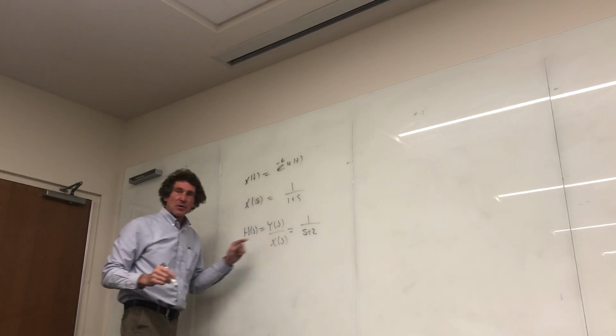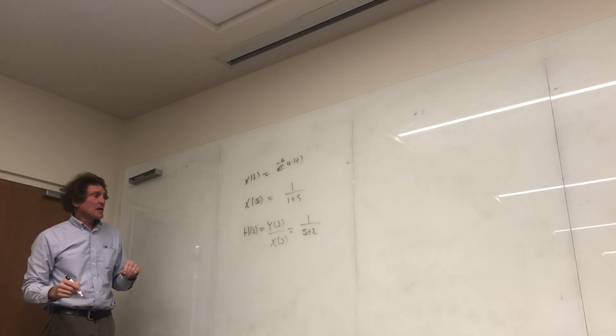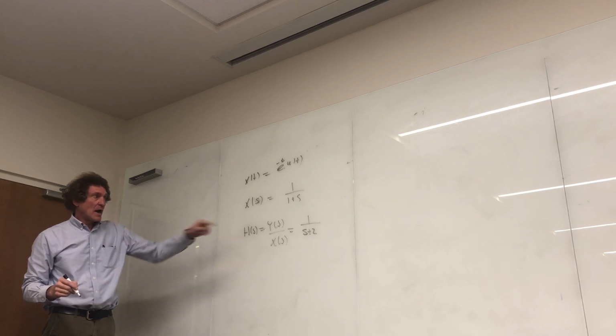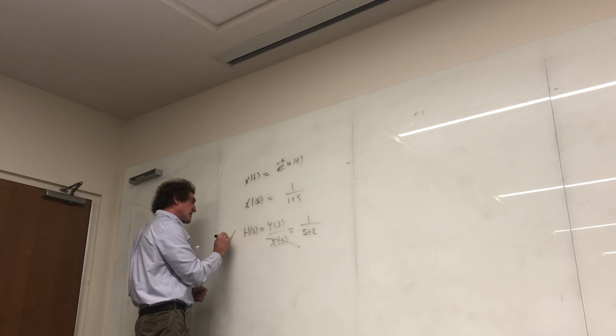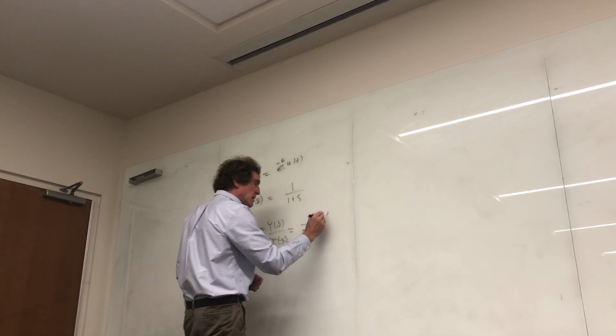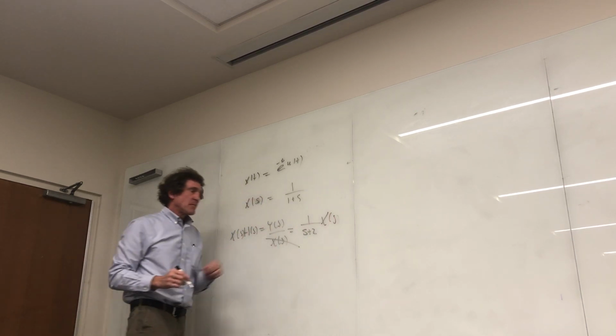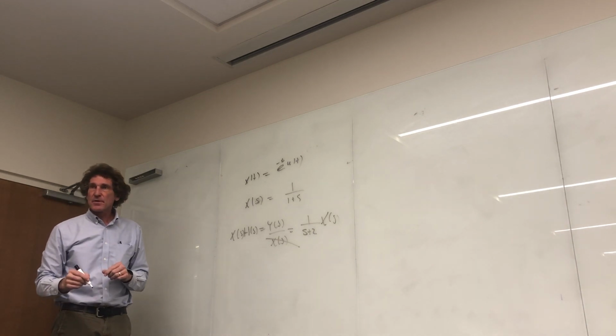That's what it was from the first part, right? Now, if I want my response y of s when the input is x of s, I multiply both sides by x of s. And now I have my output, right? That's what I'm trying to show you, the simplicity of this. Do you all agree, class?